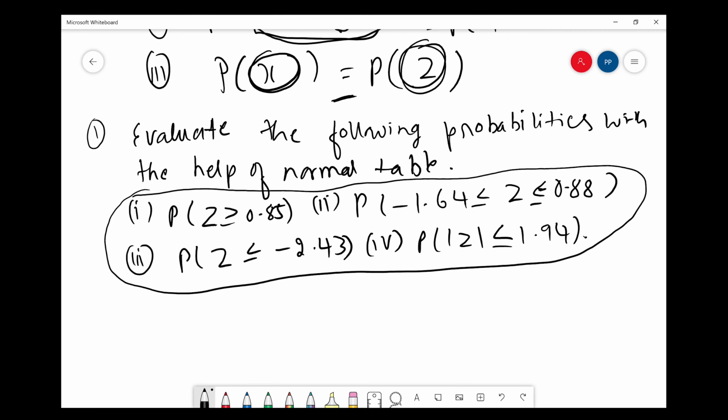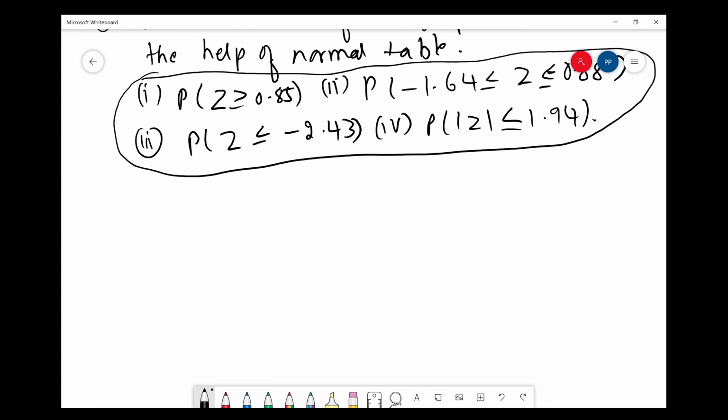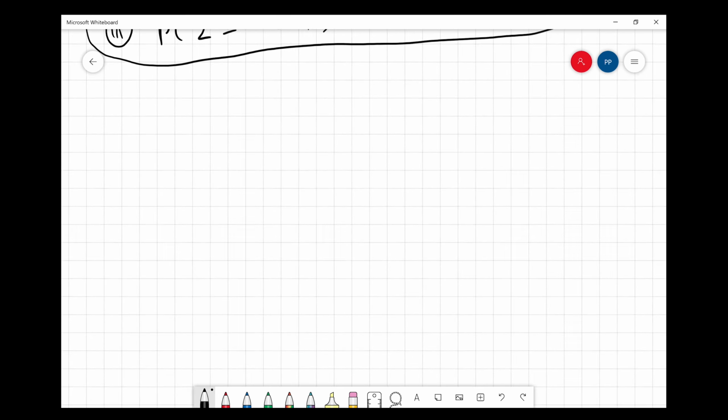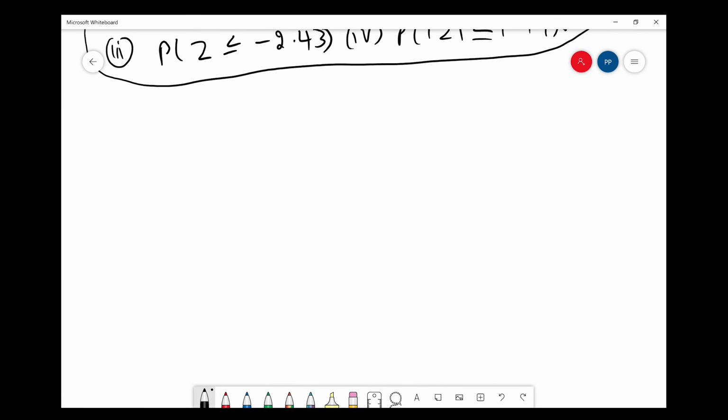If you understand this problem, you can easily manage the other application problems on the normal distribution. Now we consider the table again, because we have to make use of it.